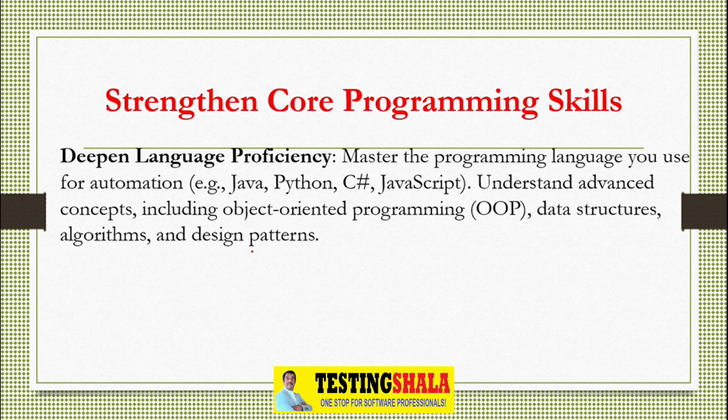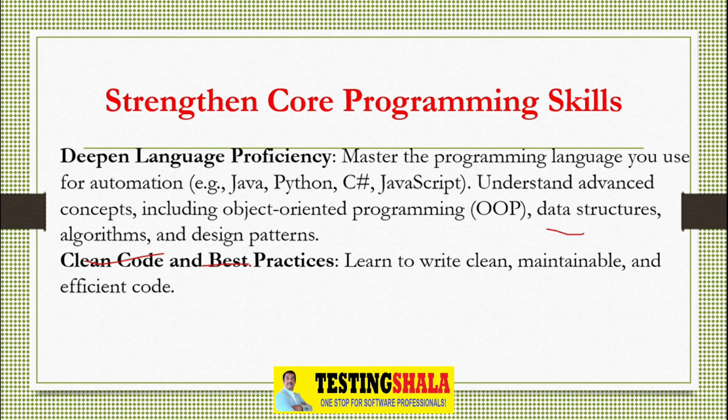If you learn these programming skills with the concept of object-oriented programming, including how to implement data structures, various algorithms and design patterns, that would be very helpful to build yourself in an automation career. And you should also learn how to write code in a clean code fashion, and also adopt the best practices while coding, because that is very much required for maintainability as well as efficiency in the code.